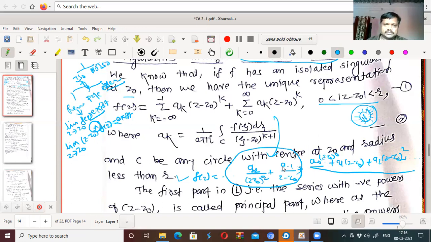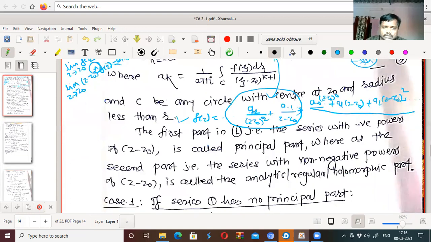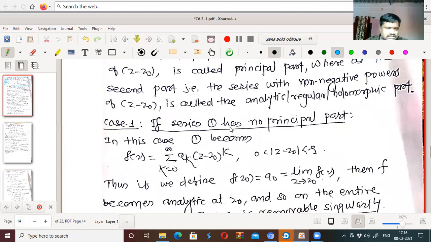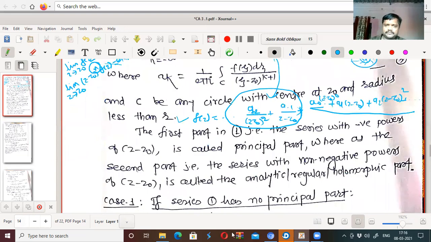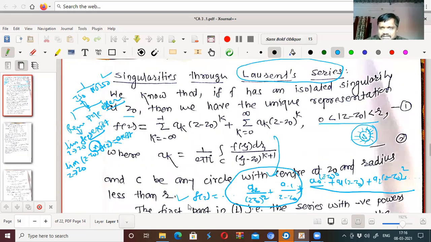Case 1: if the series has no principal part, that means this part is absent. That means the function which is analytic in the annulus has a power series expansion in this way: a0 times z minus z0 to the power 0 plus a1 times z minus z0 to the power 1 plus a2 times z minus z0 to the power 2 and so on.